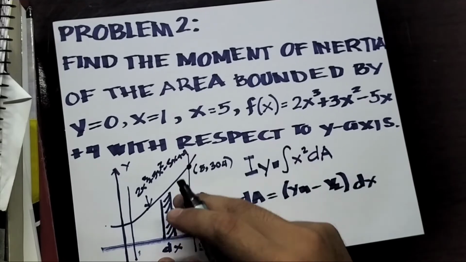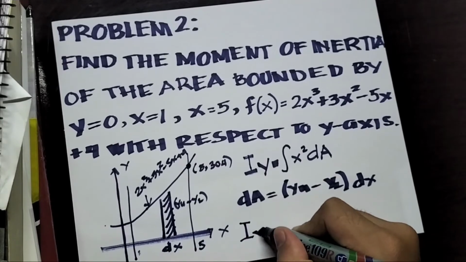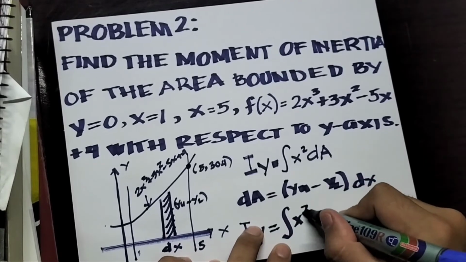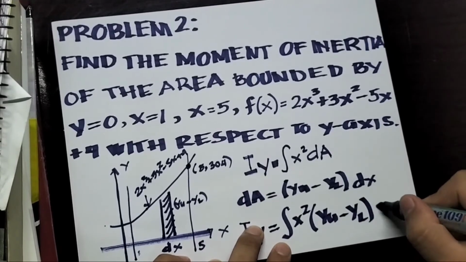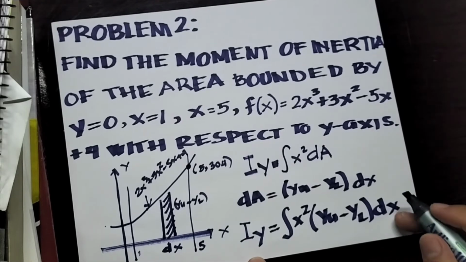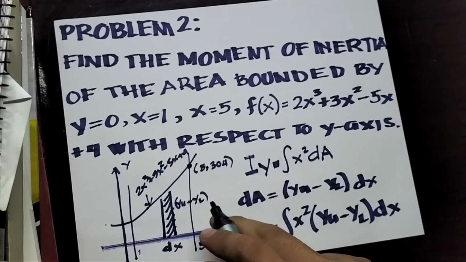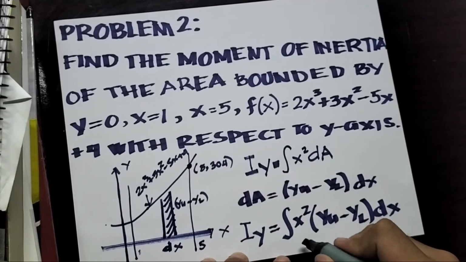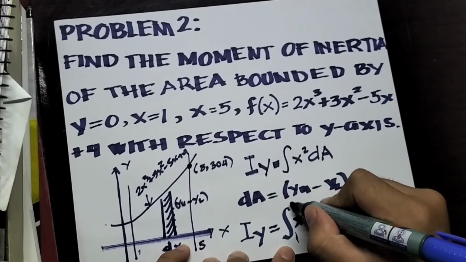So here, length times width. So we need to substitute na natin sa formula. Iy is equal to the integral of x squared, and dA is y upper minus y lower dx. So ano ang ating limits? 'Di ba dx nga, dito tayo magbe-base. So the point here and the point there, from x equals 1 to 5.